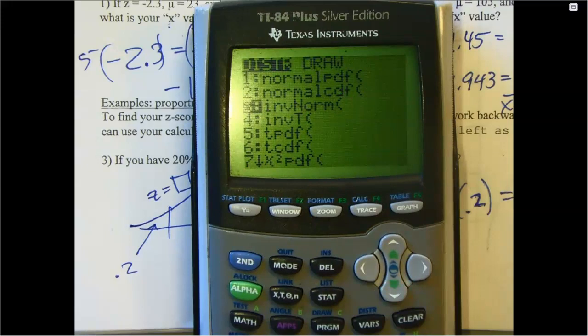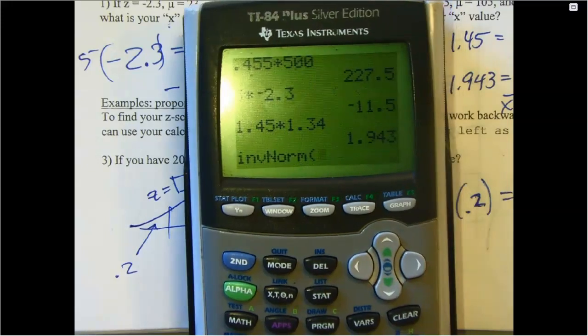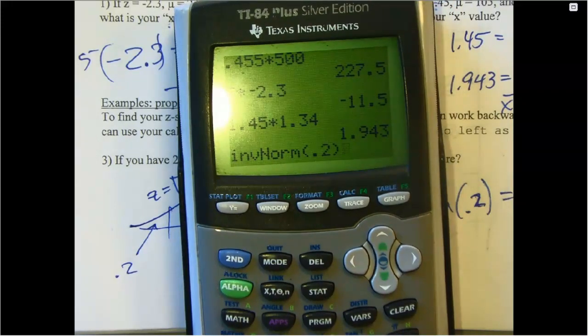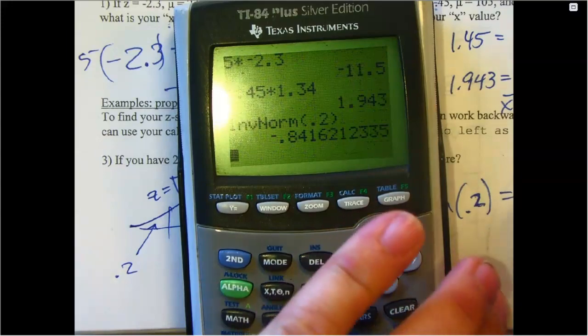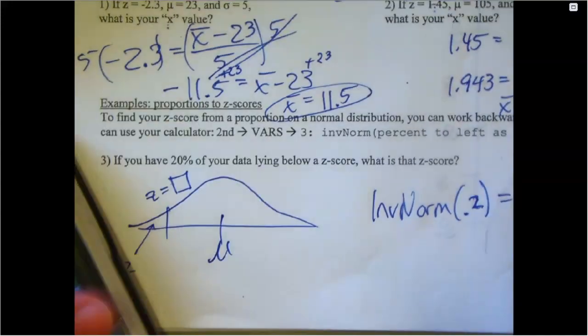Inverse norm is right below normal CDF. On this calculator, it's 0.2, but on the menu card, does it ask you for a mean and standard deviation? Area. What area? Just pick one. It says area and then left, right?